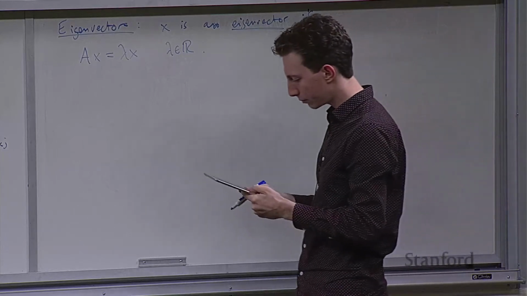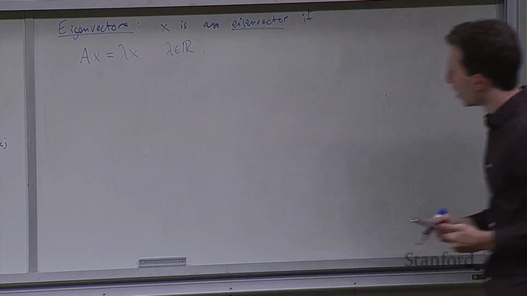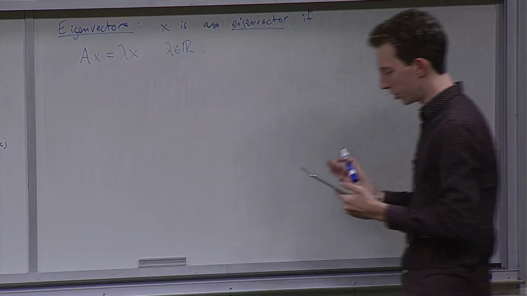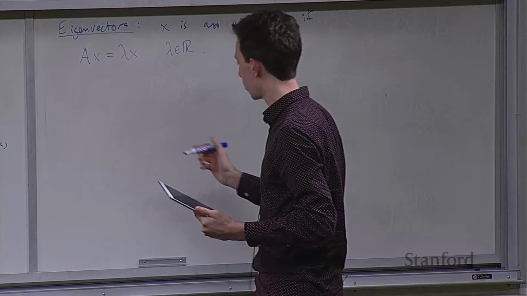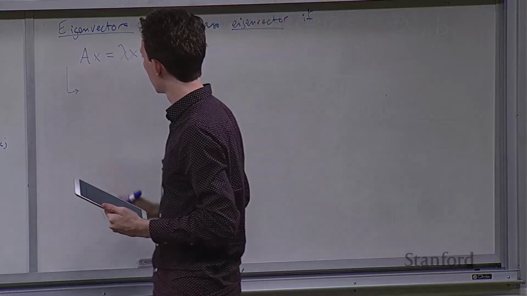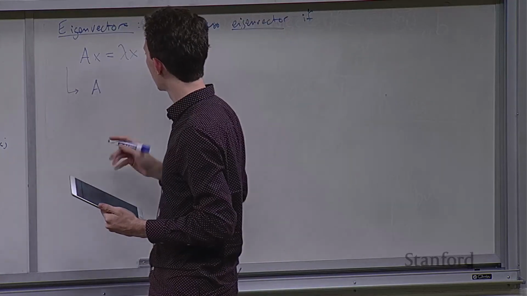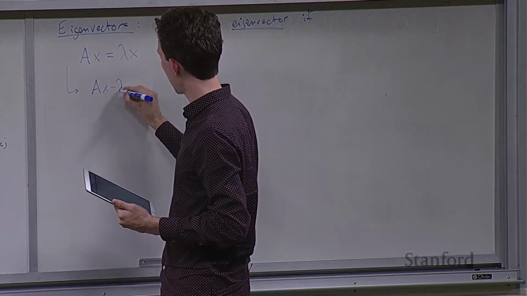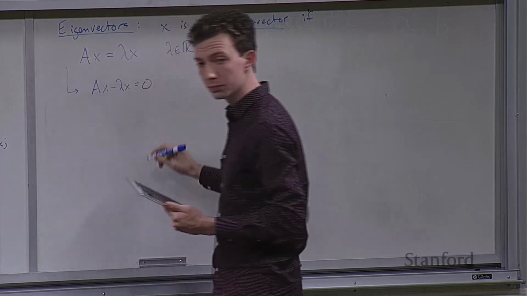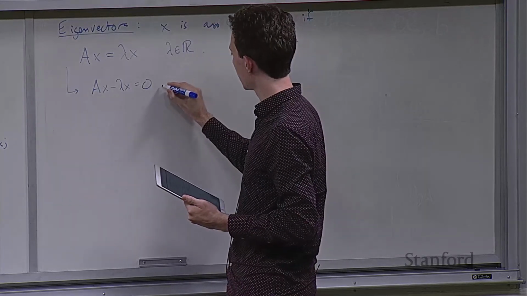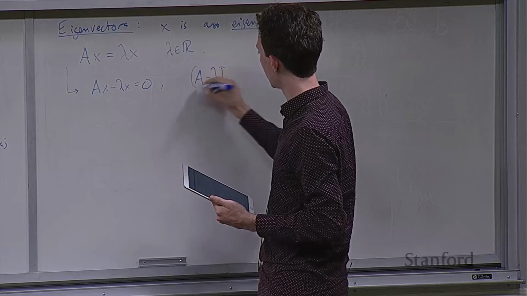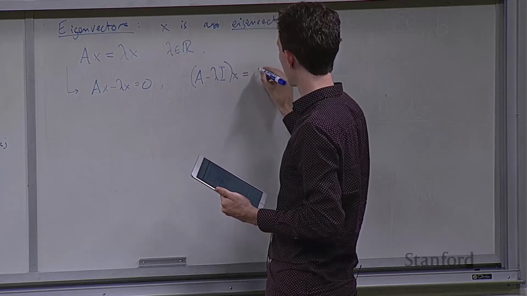Okay. So these are interesting for us mainly for one reason, but first, some important properties you should know about eigenvectors. If we rearrange this expression, we get Ax minus lambda x equals 0. And this is the same as (A minus lambda times the identity matrix) times x equals 0.